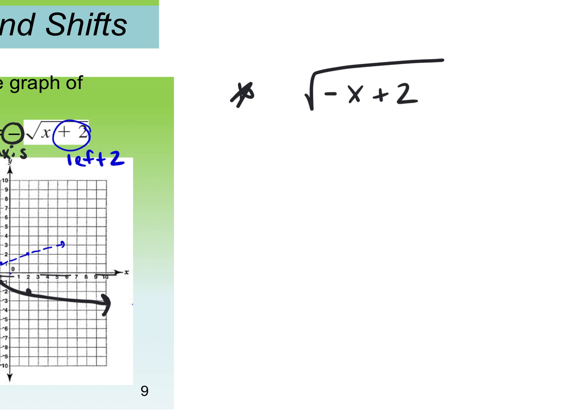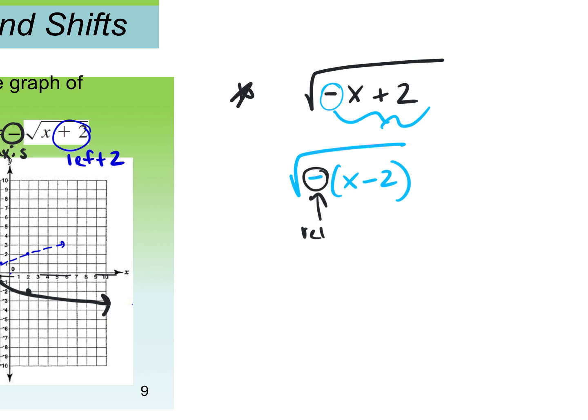One way that we can do this is I would take the negative out from our term here. So it would be the square root of negative x minus 2. And then we would apply our transformations from here. So we would have a negative, which is a reflection on the y-axis, because it's still inside the square root. And then minus 2 would mean that we go to the right.